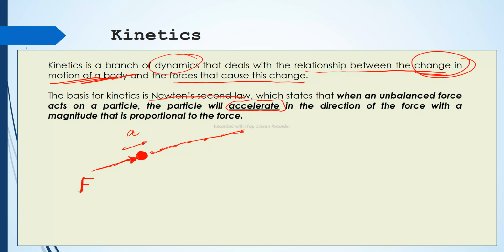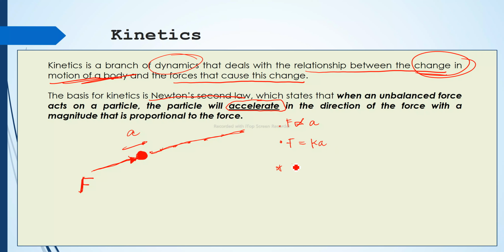Aside from that, it says that the force F is directly proportional to the acceleration. If we put an equal sign, if we equate that, we have a constant of proportionality, which is k.